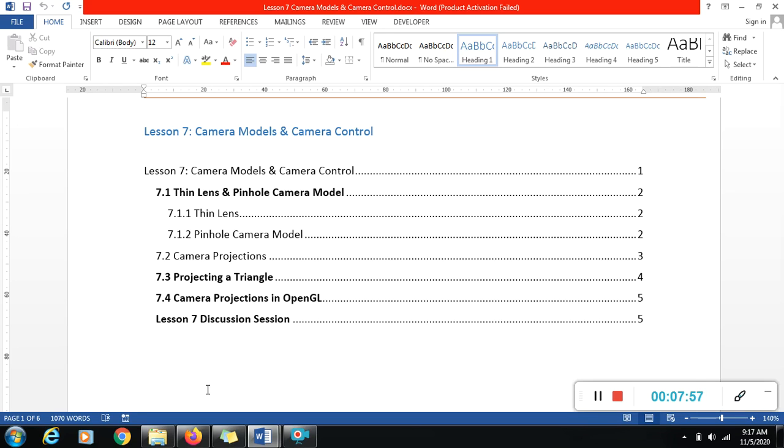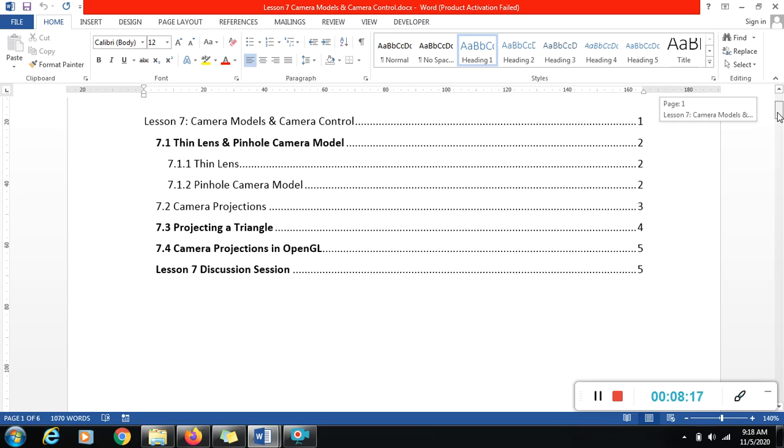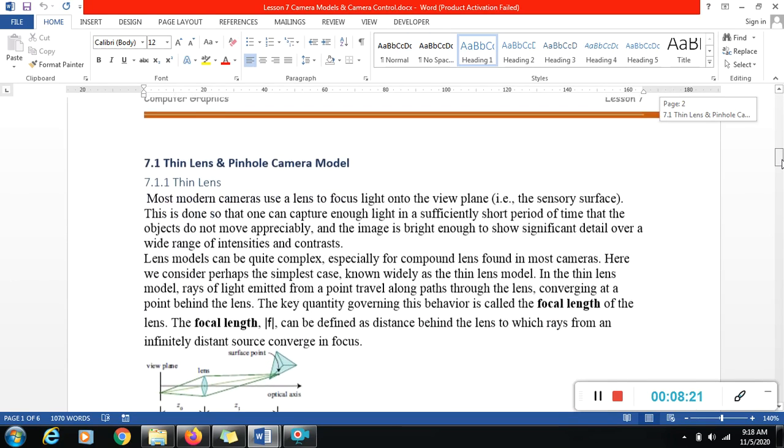So their movement, and how they're used to bring out that effect and create the video. In this lesson, it's a brief discussion about that. Five pages is really not much. The concept is the most important. So I hope that having grasped that background, you can now appreciate what we are discussing as we cover camera models and camera control.